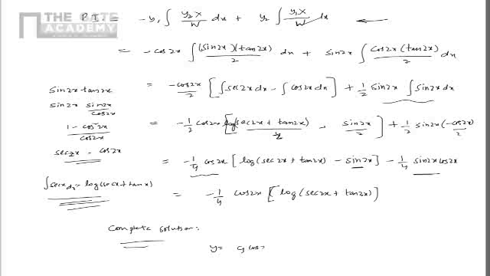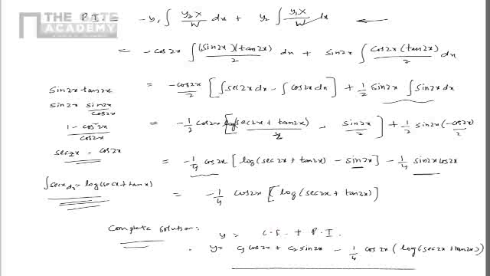So that comes out to be c1 cos 2x plus c2 sin 2x, and then minus 1 by 4 cos 2x log secant 2x plus tan 2x. So this is the solution by the method of variation of parameters.